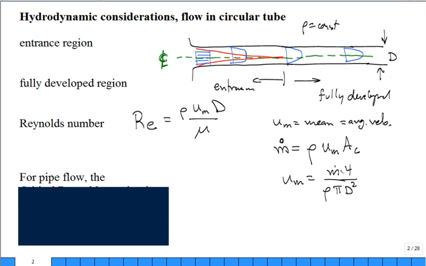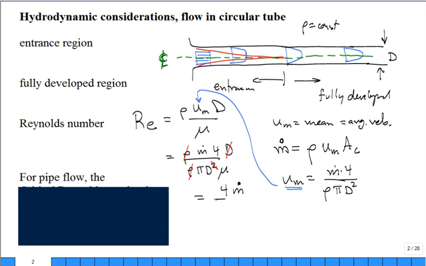So now I could take that result for the mean velocity, replace it in the Reynolds number: m dot 4 divided by rho pi D squared, mu D. All right, let's cancel some terms. The rhos go, one of the Ds goes. And so what are you left with? The Reynolds number you can also write as 4 m dot over pi D mu. That would be the Reynolds number for flow in a pipe.